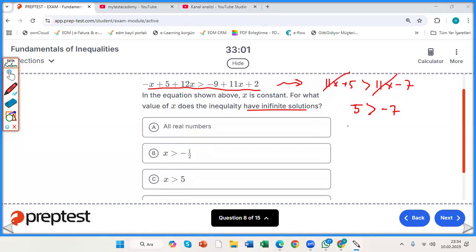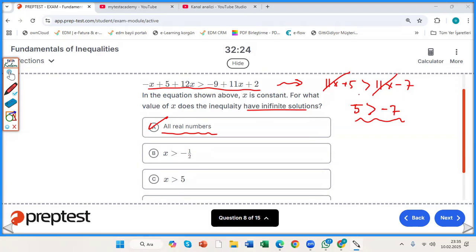In other words, you can say that no matter what real value you use for x, sooner or later you are going to find the same solution. So that's why x variable can take each real number and nothing changes. So we can say that all real numbers, in other words, have infinite solutions. So option A is true for this question.